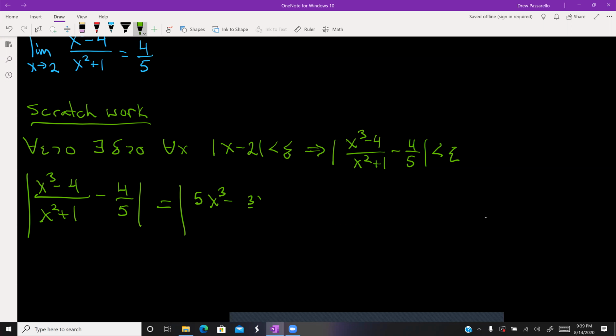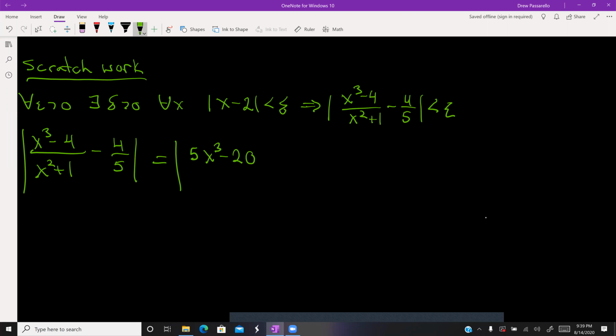And then we multiply x squared plus 1 by 4, so that's going to be minus 4x squared minus 4. All of that's divided by 5x squared plus 5. All right, that's all as a fraction.